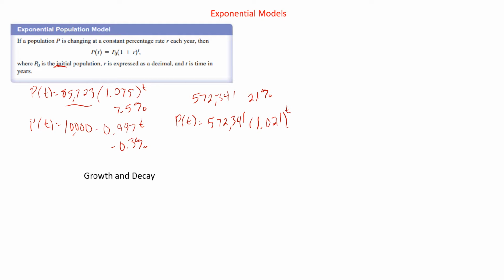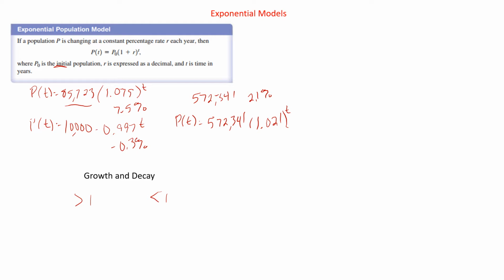Growth is when the rate is positive. So when you're looking, that base has to be greater than 1. Decay is negative, so that base would be less than 1. Just like we saw, the 0.997 is less than 1.